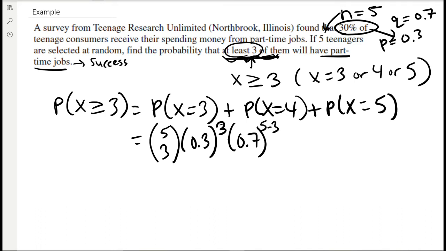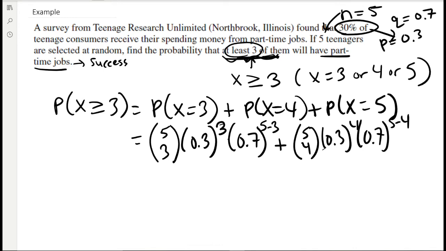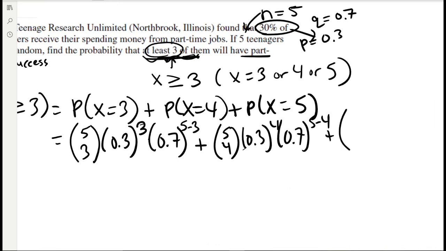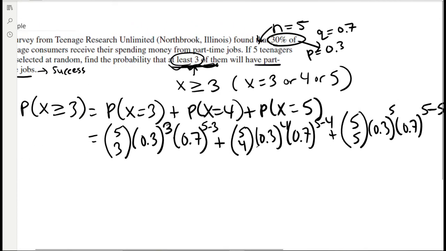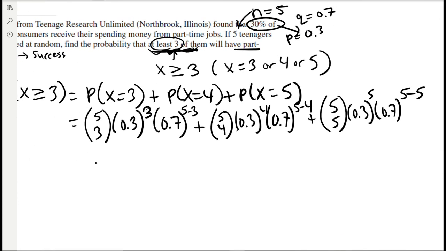Well, 5 minus 3. Plus, and then repeat that for x equals 4. So 5 choose 4, 0.3 to the 4th, 0.7 to the 5 minus 4th power. Do that for the last one. 5 choose 5, 0.3 to the 5th, 0.7 to the 5 minus 5. And then we're going to go ahead and plug those in, of course, and then get a probability. So the probability is going to add up to 0.162.